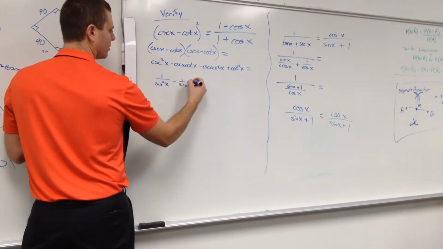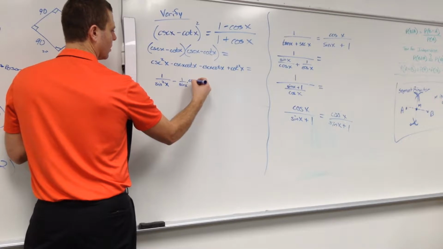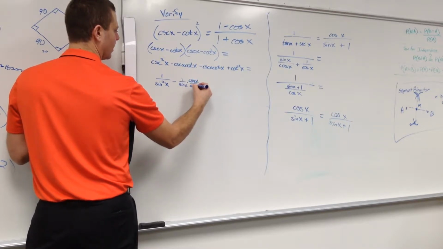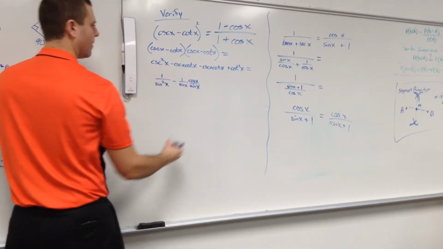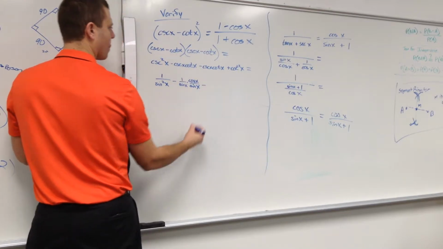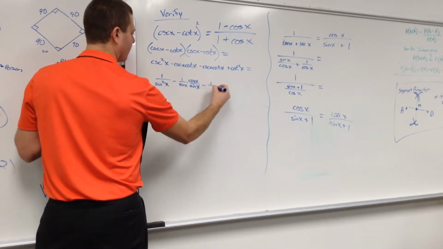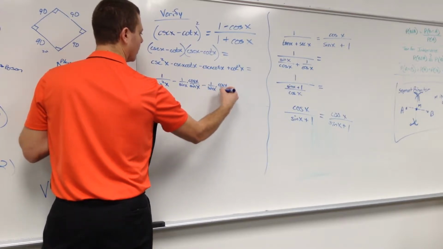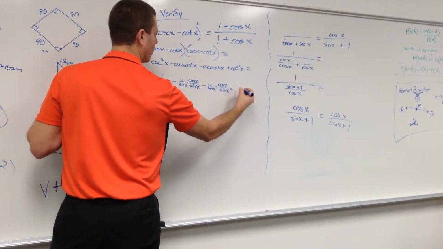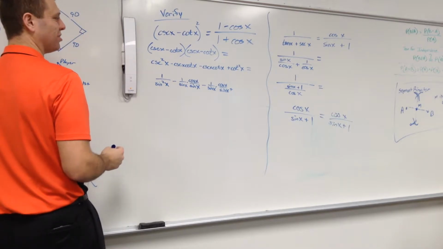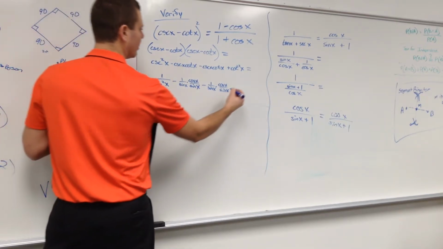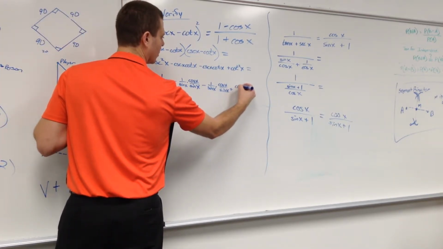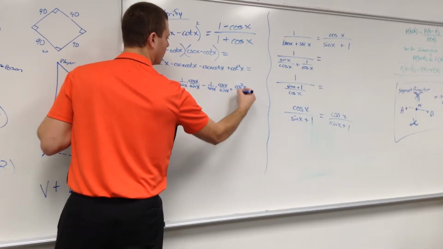Cotangent is cosine over sine. Plus, cotangent squared would be cosine squared over sine squared.